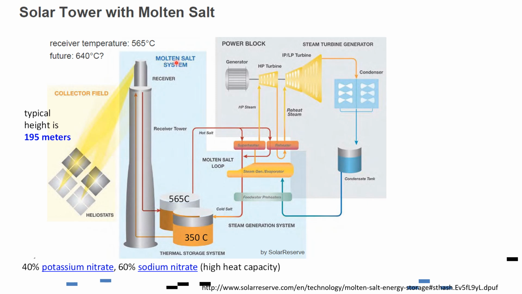All right, so the height of this receiver is almost 200 meters high, and it usually uses a molten salt system, because the molten salt system can absorb much of the heat, so it can heat up really fast. So from here, for example, it goes up, is heated, and goes down at a much higher temperature, around 565 degrees Celsius now. It goes back here and then towards a steam generator evaporator.